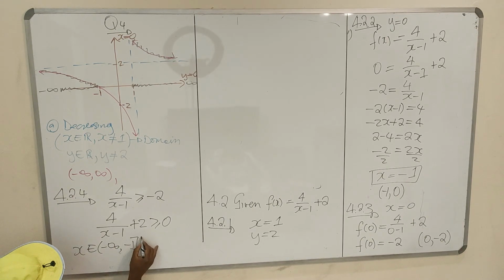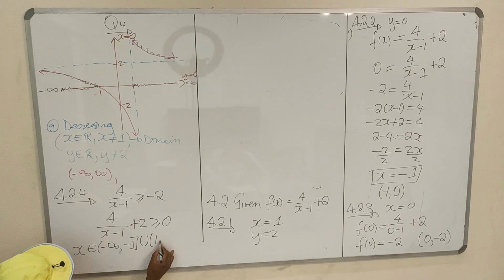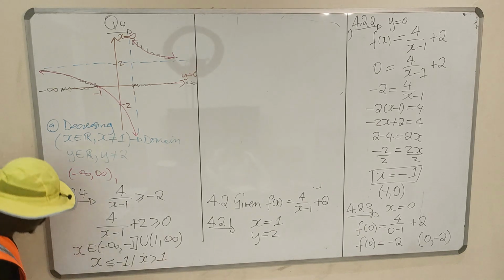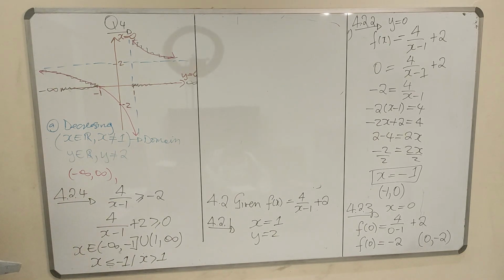Yes, together with a round bracket, 1 to positive infinity. So someone else will say x must be less or equal to minus 1, or your x should be greater than 1. So it looks like these are the x values. Are you happy? Yes.